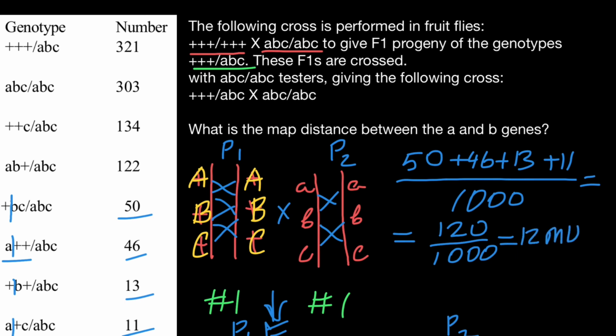We also can say 12 centimorgans because 1% of the recombination frequency equal to 1 map unit and to 1 centimorgan. One more time, we have found that frequency of the recombination between gene A and B happens with 12% frequency, which we can convert into the distance between gene A and B into 12 map units or 12 centimorgans.